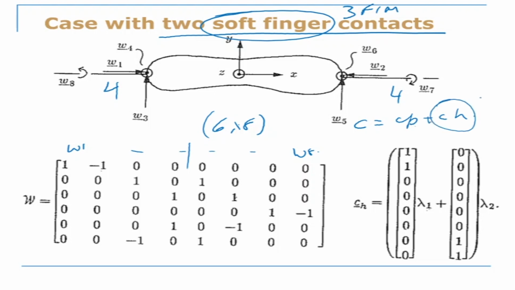Now only for grasping you need CH. Now what will be CH here? What are the internal forces here? Number one is I need this force, W1 and W2, which is coming here. Apart from this, we also need the moments. There is W8 and W7. So the internal forces are this one plus that one.